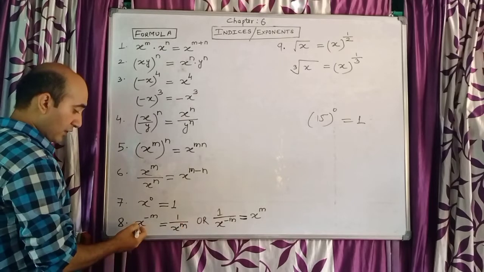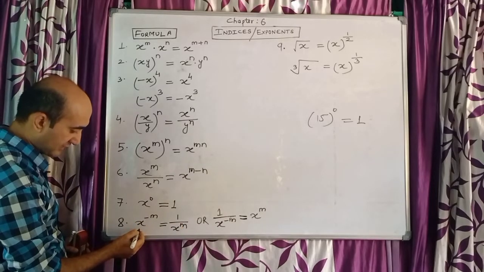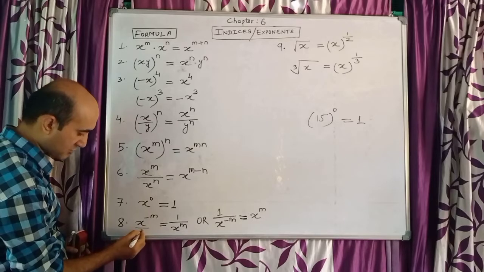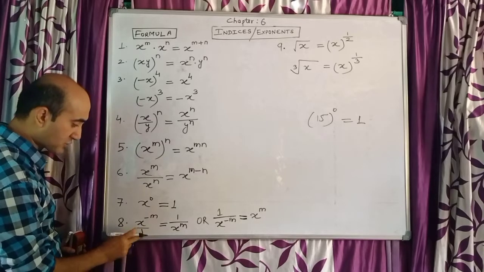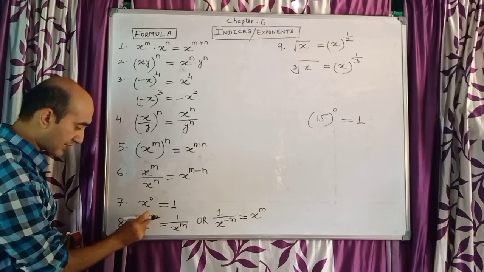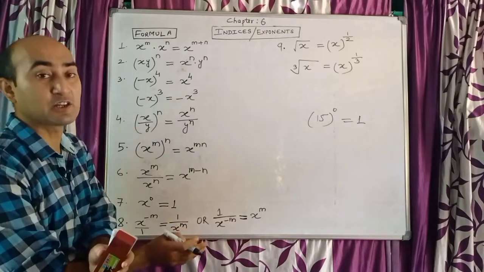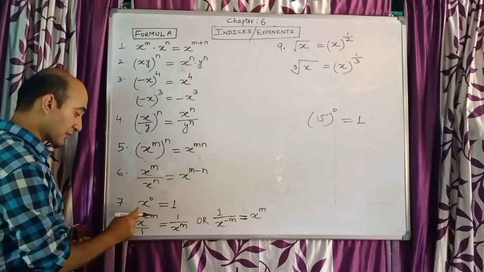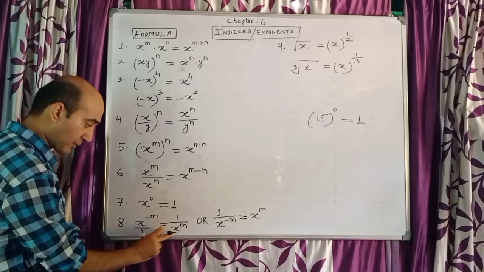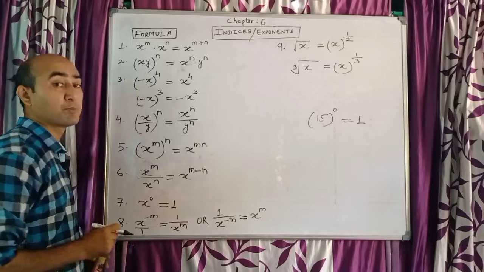Below x there is nothing, which means there is 1. So you take this 1 to the top and bring this x down. That means you interchange numerator and denominator. Then the power becomes positive.